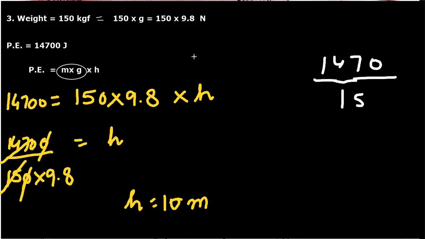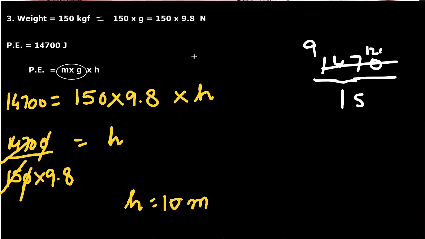Okay, so 15 nines are 135, and then what will happen here? 147 minus 135 is, what is it? Very good, 12.